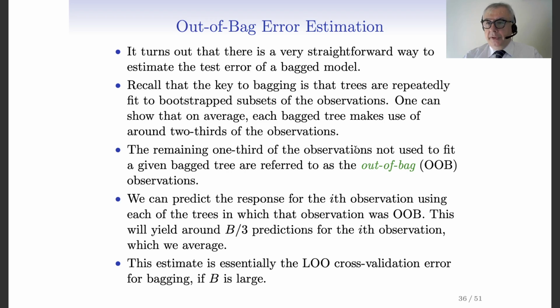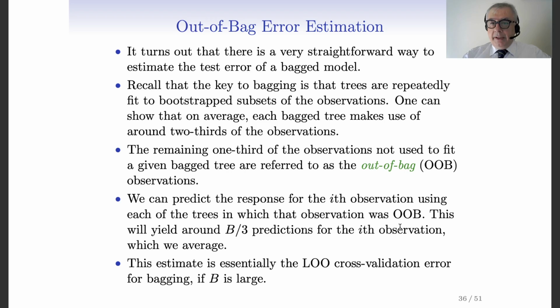So there is 1/3 of the observations that is not used for the training of a bagged tree. And these observations that are not used are called out-of-bag observations. So the idea is that I could exploit the existence of these out-of-bag observations that have not been used as a way to assess the performance of my bagged tree. So I can train the bagged tree on the bootstrapped dataset and see its validation error on the out-of-bag observations.